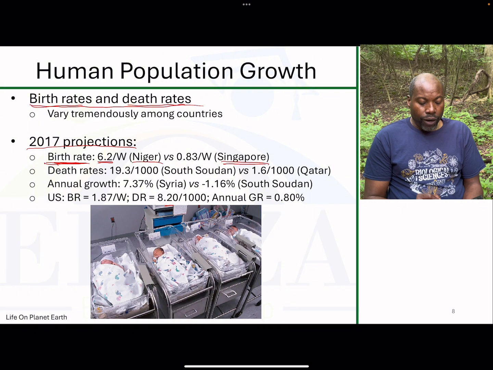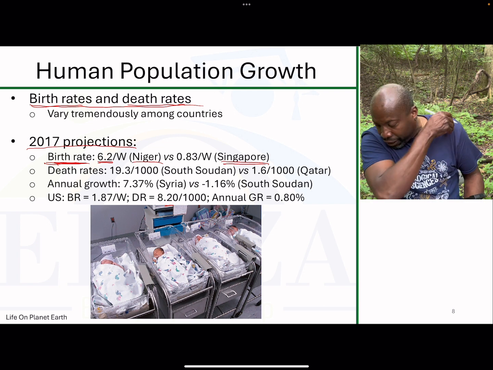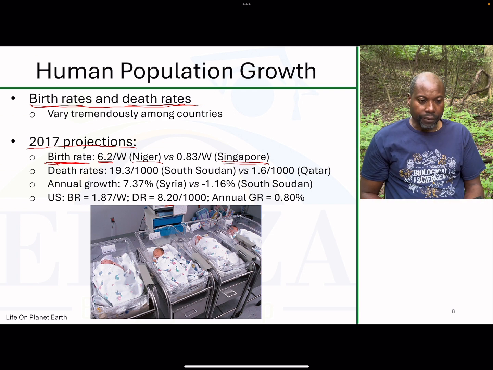Then the death rate was 19.3 per 1,000 individuals in South Sudan, while that death rate was 1.6 per 1,000 people in Qatar.